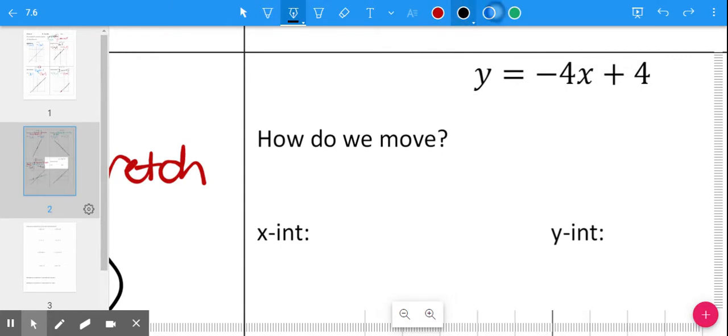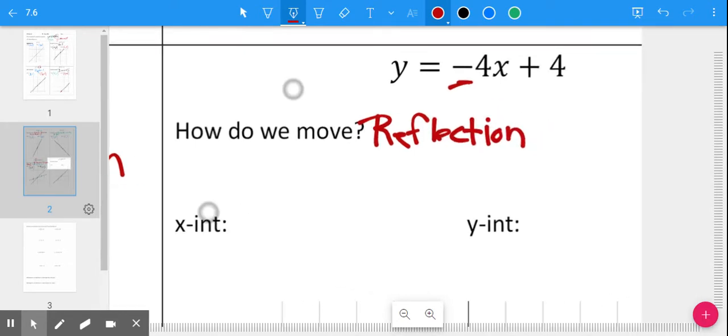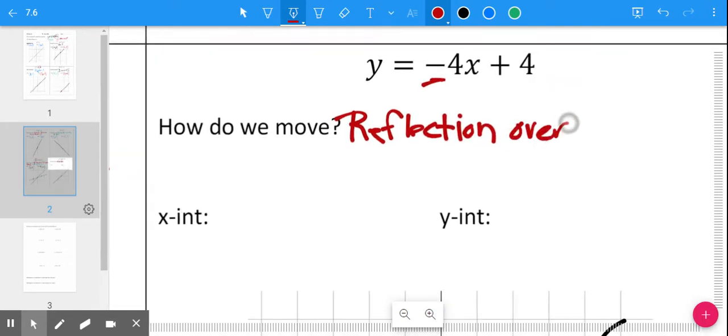I'm going to change one of my colors. So the negative tells us it's a reflection over the x-axis.